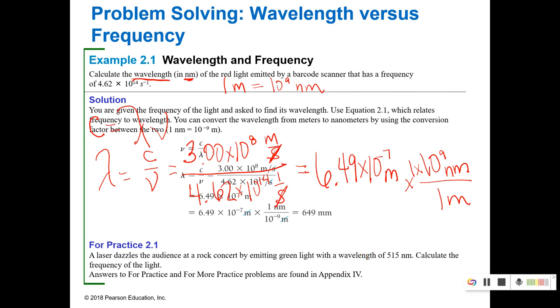Okay, let's do another one. This one gives us wavelength, but it's in nanometers. Remember, for our equation, it needs to be in meters. And it wants us to calculate the frequency. So frequency is equal to c over lambda. First, let's deal with our nanometers to meters.